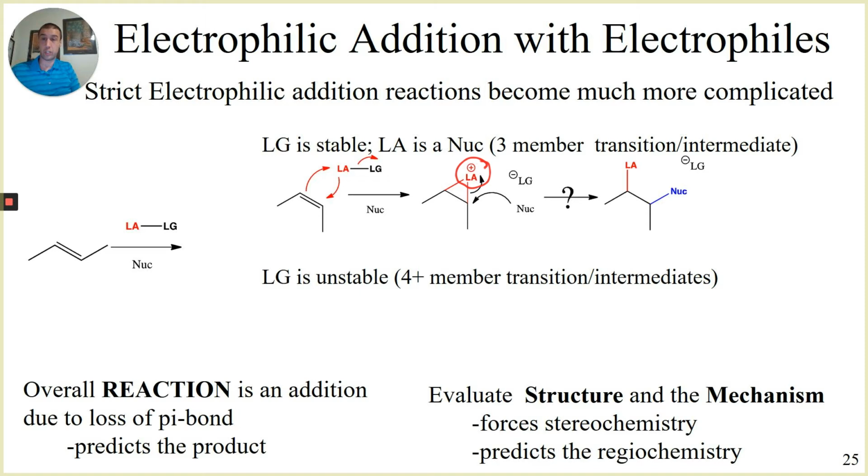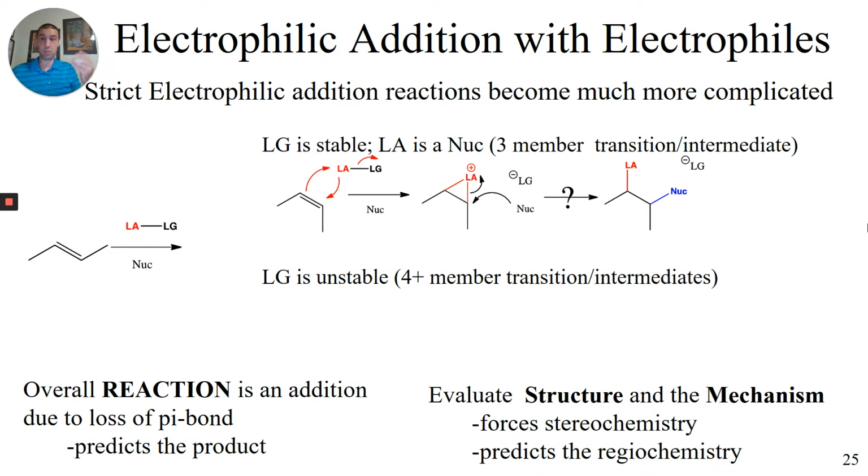Right? We've got a positive Lewis acid connected to our structure and ring strain. Those two pieces together say this needs to continue on, and that's where a nucleophile, which could be the leaving group, can come in, do the ring opening, and we would get our final structure, okay, where we've added both the Lewis acid and the nucleophile across the pi bond.